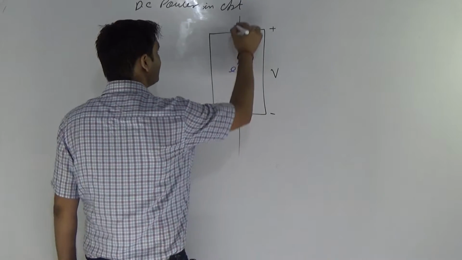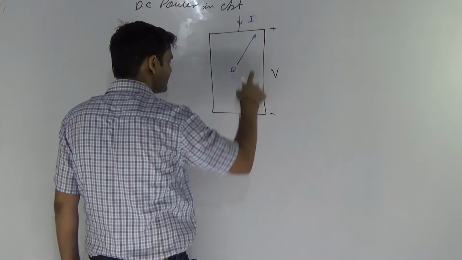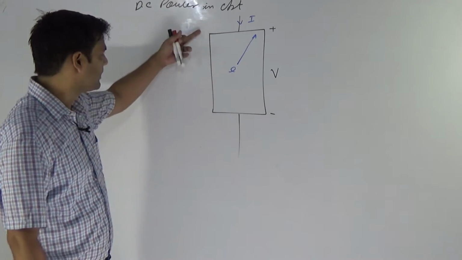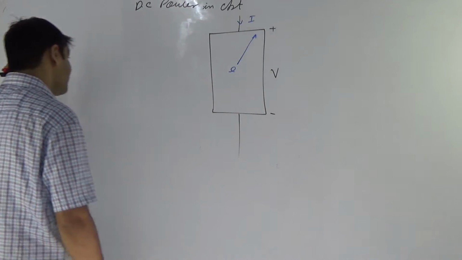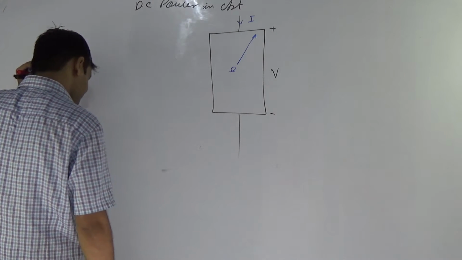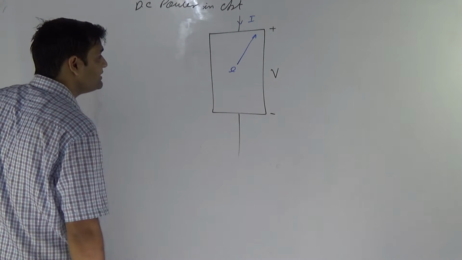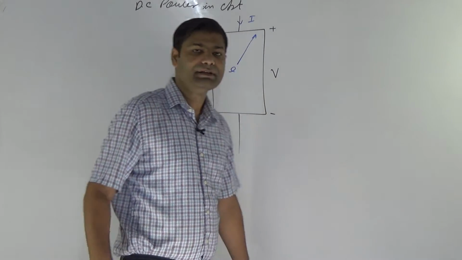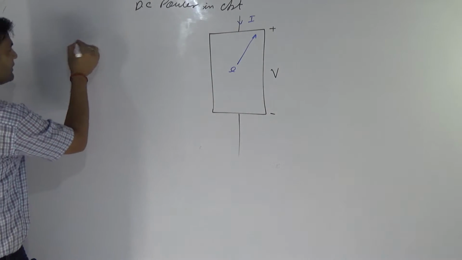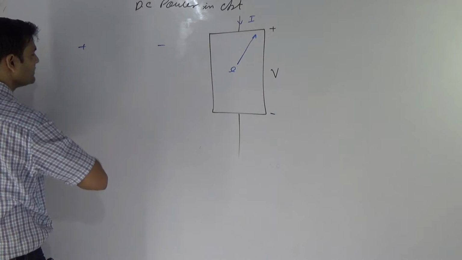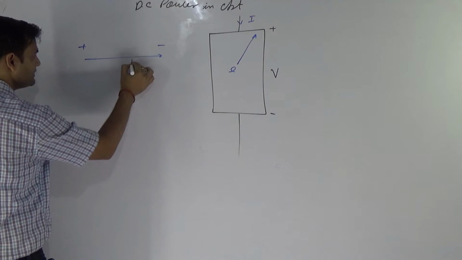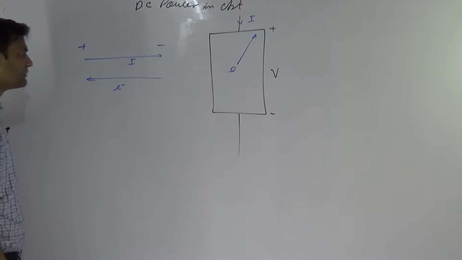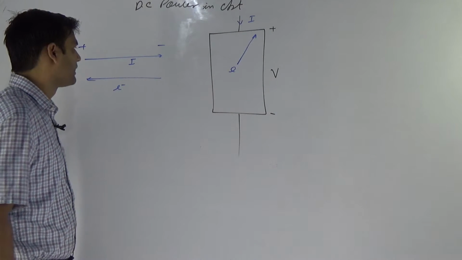Suppose current is flowing from plus to minus. Who decides the direction of the electron? The flow of current. If this is plus and this is minus, and current flows through this, the electron tendency is from minus to plus, always flowing in the opposite direction.